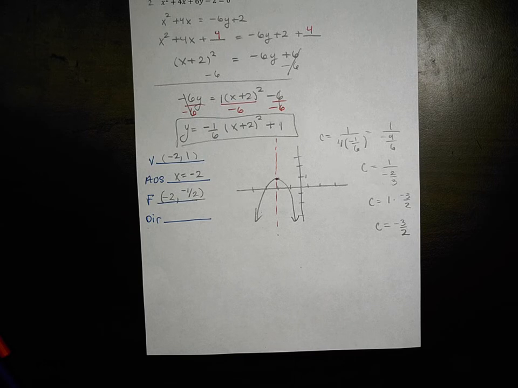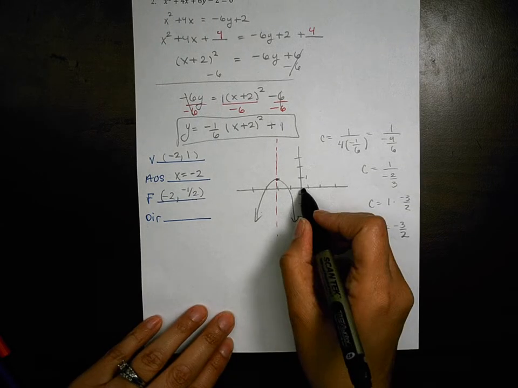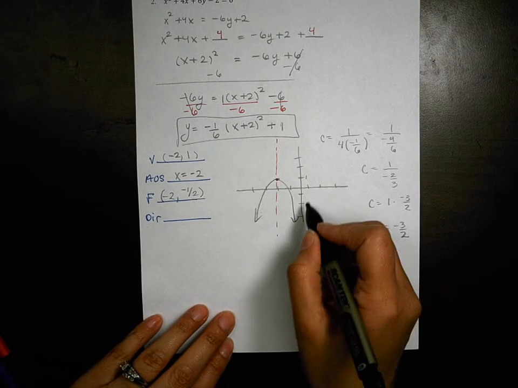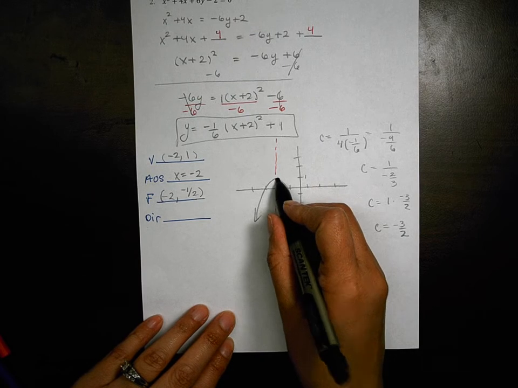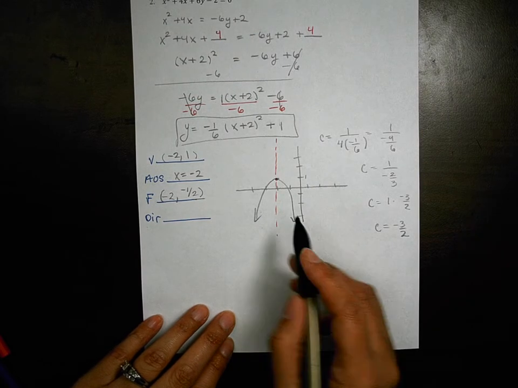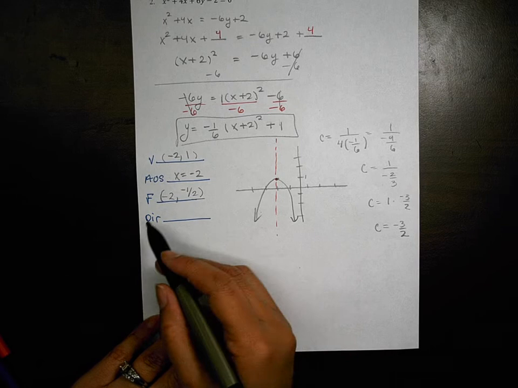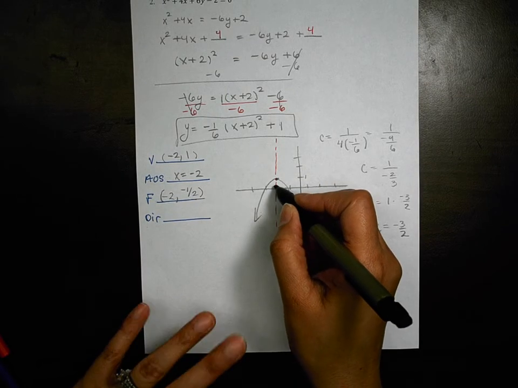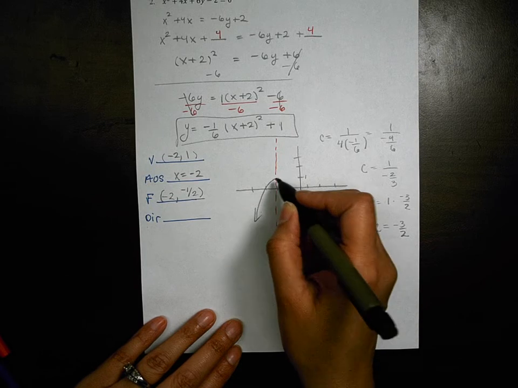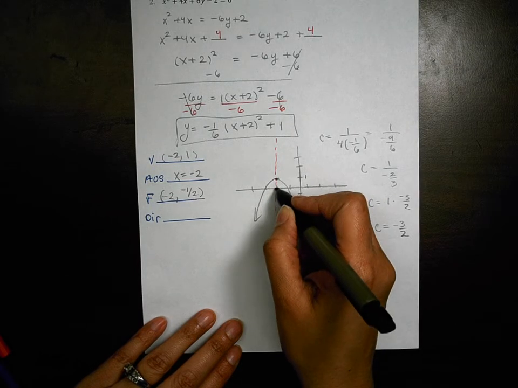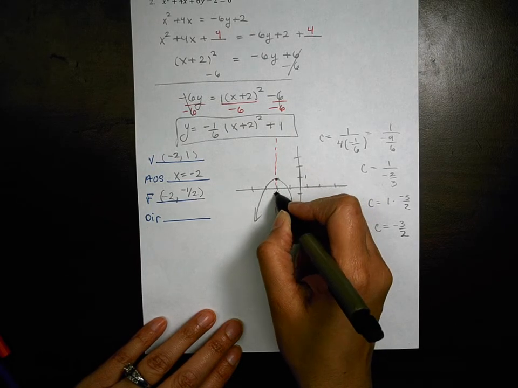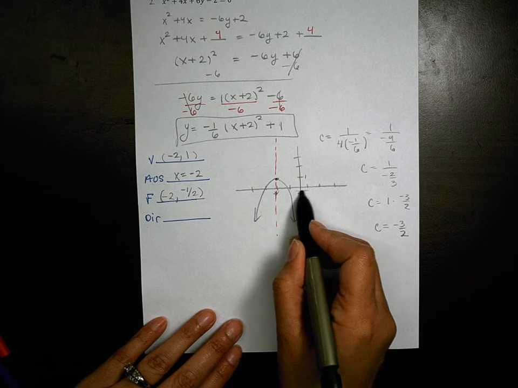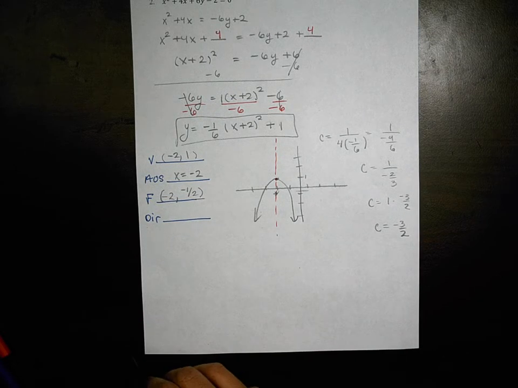Okay, so you're at -2, 1, and to get the focus, I know I have to go down because that's where the sugar cube would be inside, and I'm going to go down 1.5. That would be right there at -1/2. Yes? Okay.